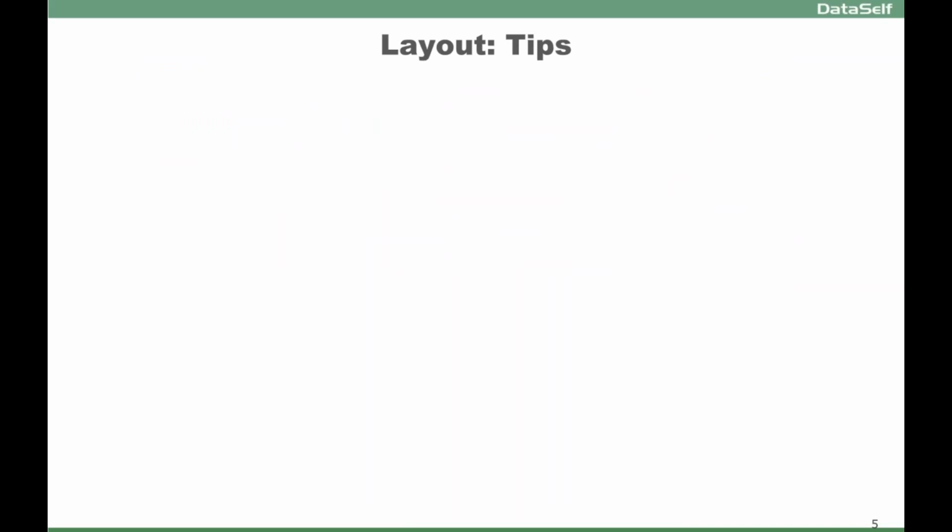Some other tips about layout is avoid using scroll bars because a lot of users will not scroll. Unless you know your users are very attentive and they're going to start scrolling to dig information. But if you have many users, believe me, people will not use much scroll bars.